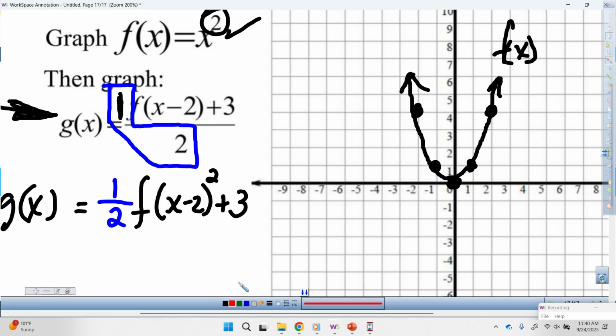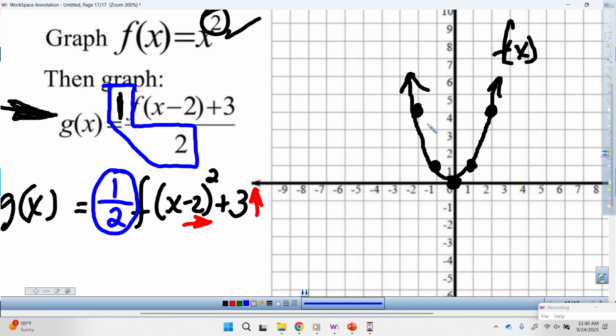Who went last? Pass to someone? Go up 3. And then right 2. Hands if you got that. All right, but before that, circle the 1/2 in blue so we can either stretch or compress. What's going to happen to these? Stretch or compress?